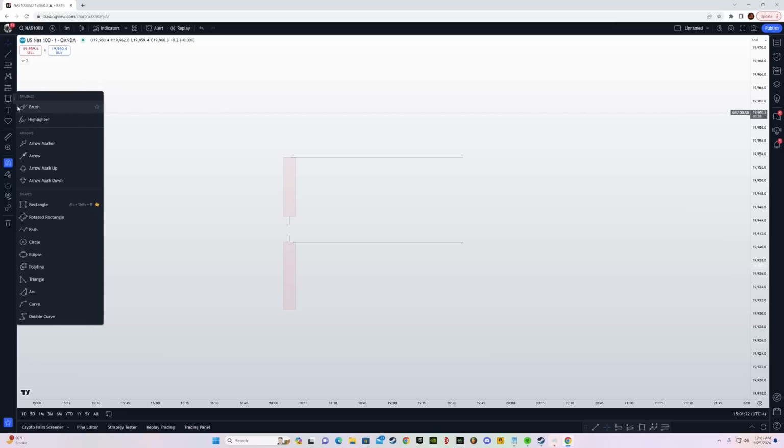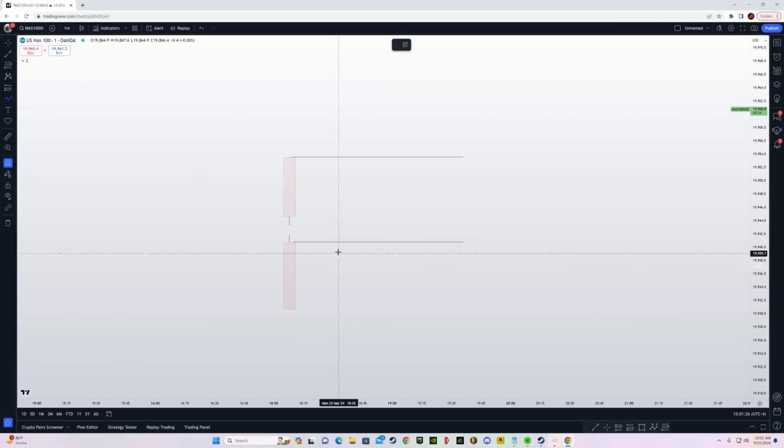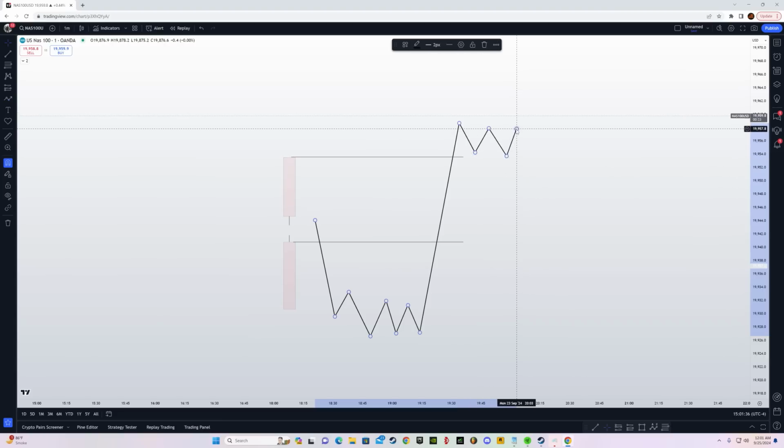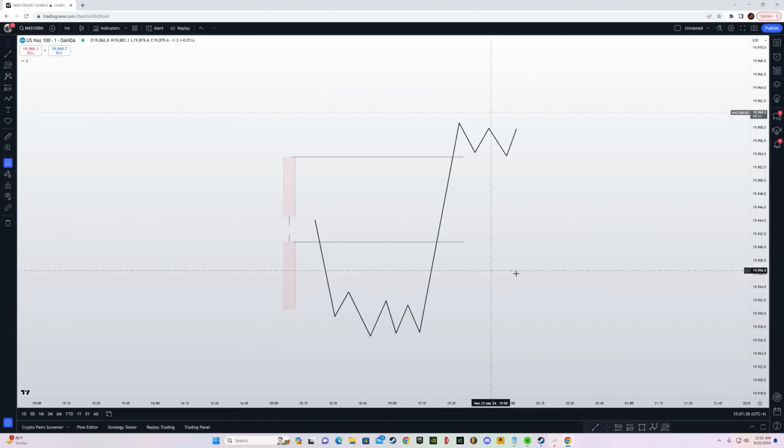All right, so what you are basically doing is waiting for price to engineer sell side liquidity and buy side liquidity around the new day's opening gap, right?